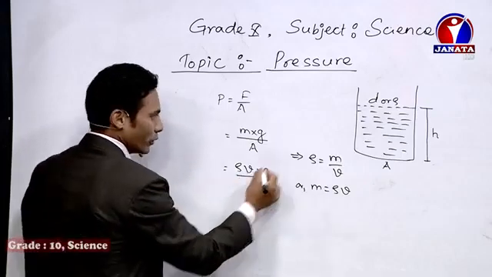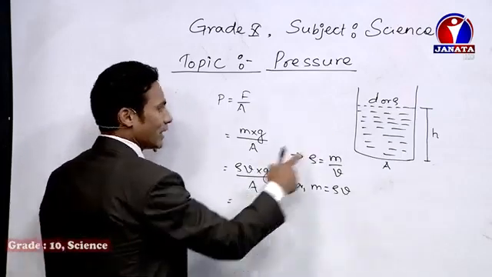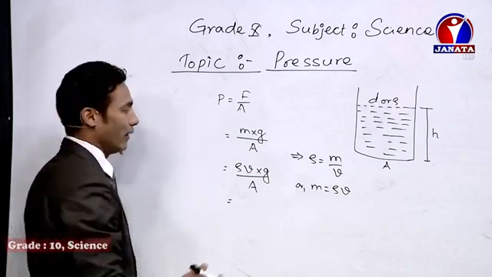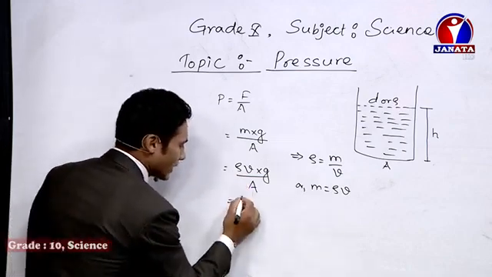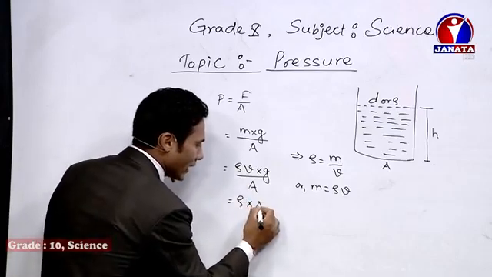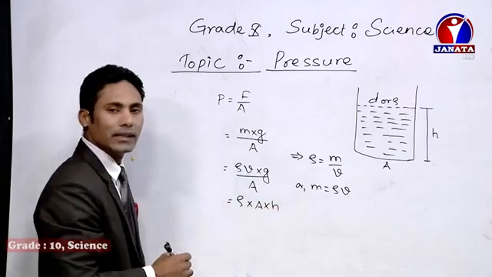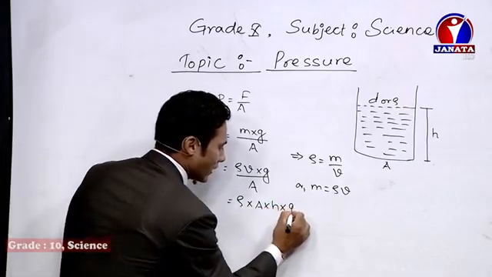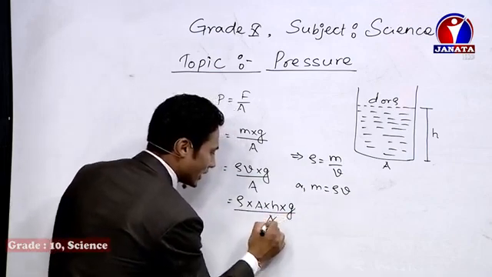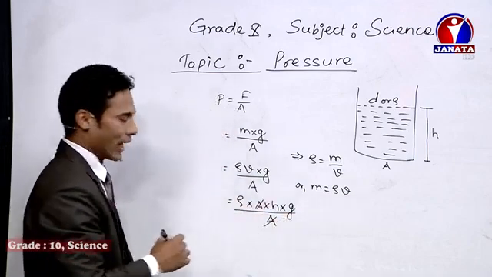Instead of volume we can write in terms of area and height. That means density as it is, volume is area into height, into acceleration due to gravity g as it is, divided by A. So this area in both is similar, so we can cancel.